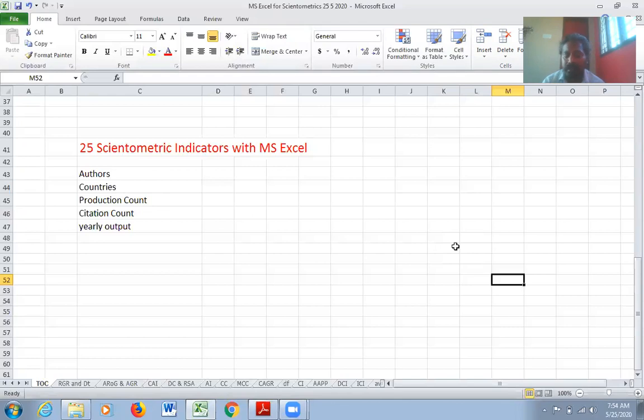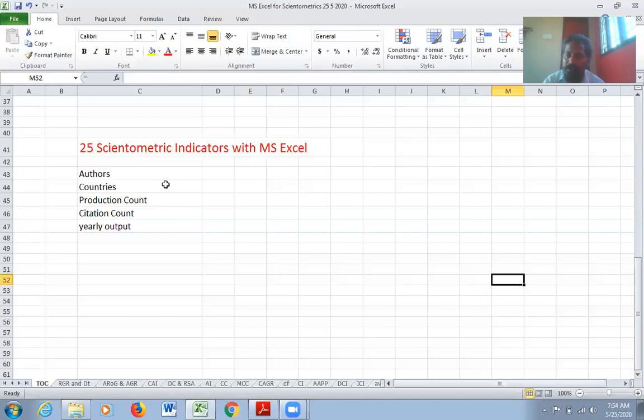And these indicators, I think around 25 are there. They revolve around authors: their contribution locally, their contribution internationally, their contribution at different levels. They talk about countries, how the countries are collaborating with each other, their relative world output, how far they are performing in a particular field in comparison with the world output in the same field, and all those things.